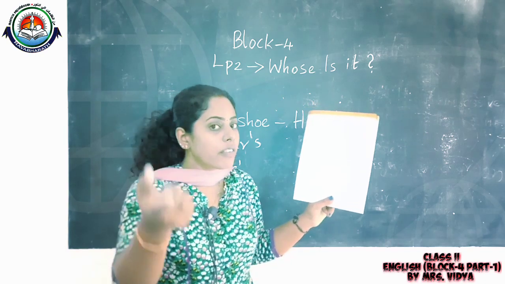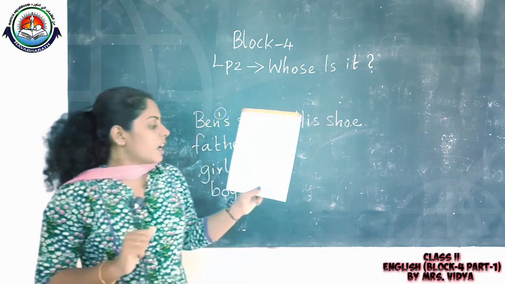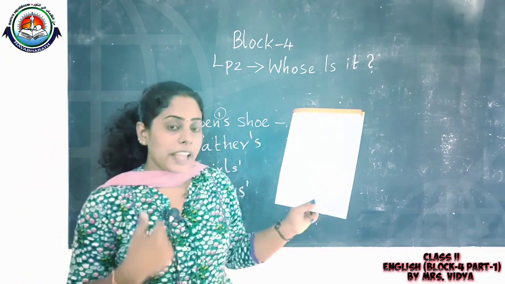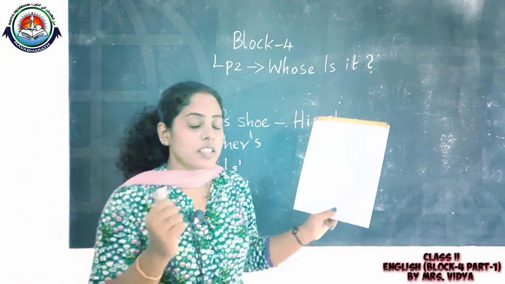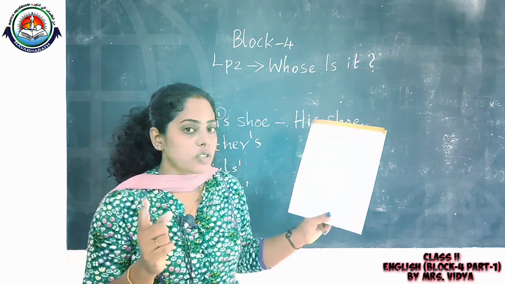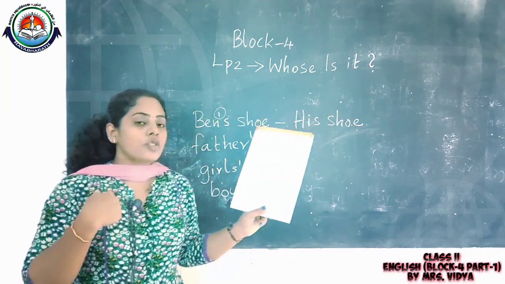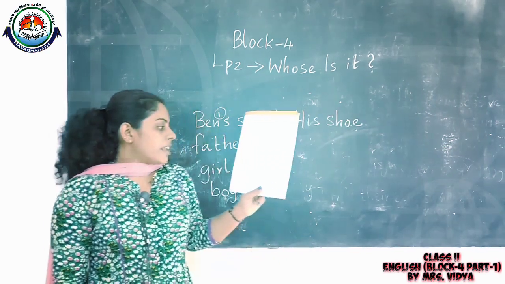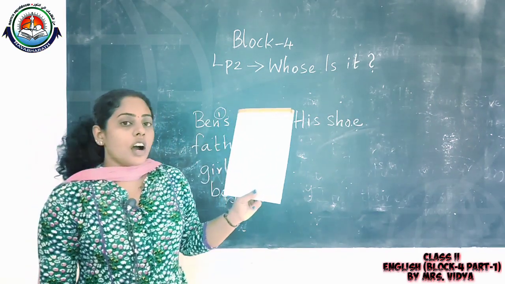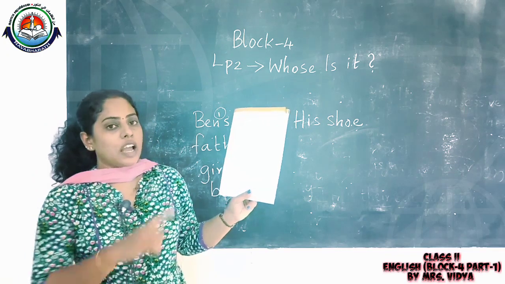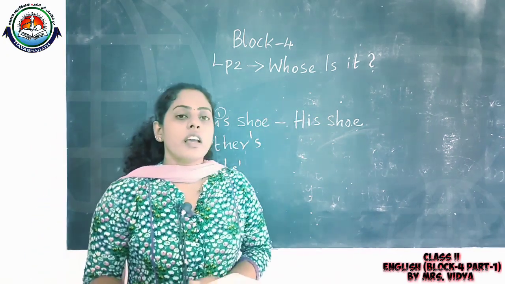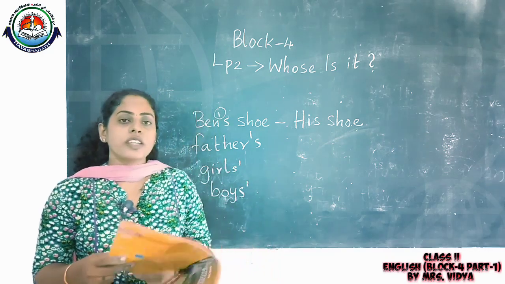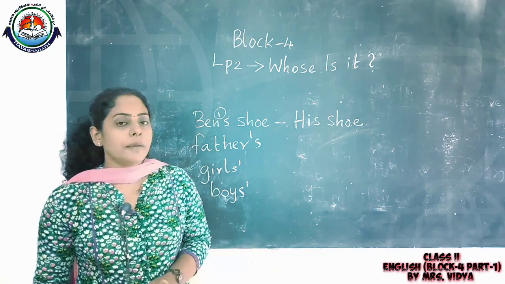I have their book. Very good. I enjoy going to Asha's house. So Asha is a girl. So what do we have to write? I enjoy going to her house. Make sentences with the given words our and there. So you have to write two sentences with the words our and there. So is it clear for you, children?